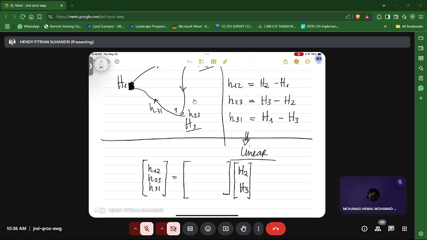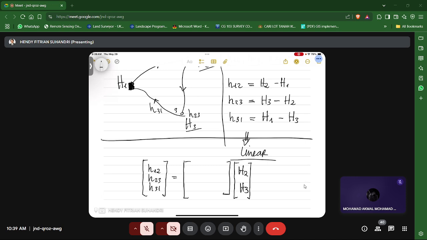Okay, so now we have the unknowns H2 and H3. We go back to our equations above. The first equation, H12 equals reduced level 2 minus reduced level 1. So what do we have here? H1 is known.